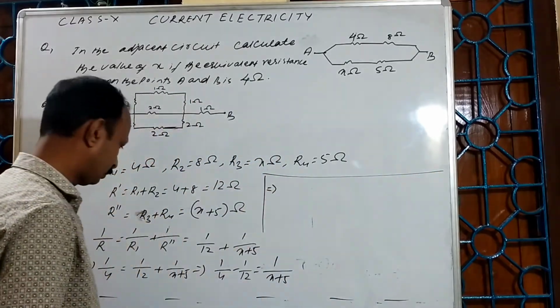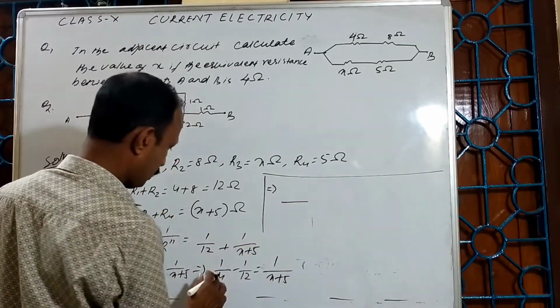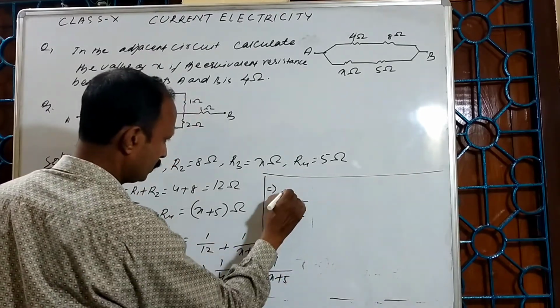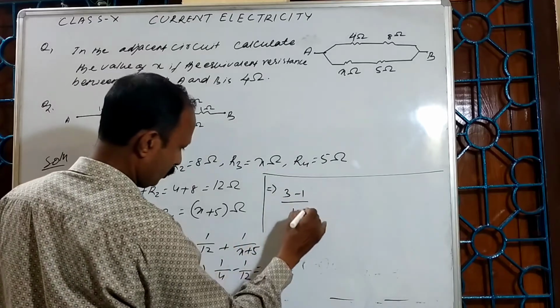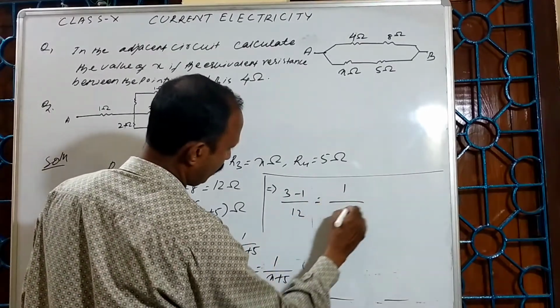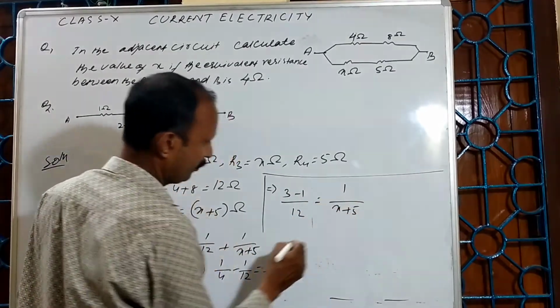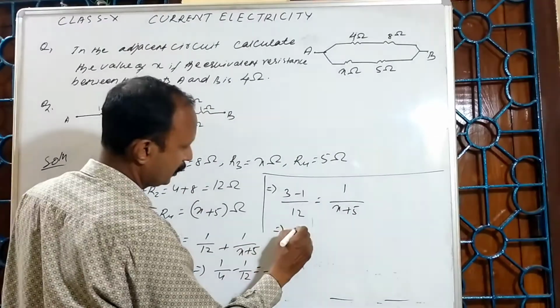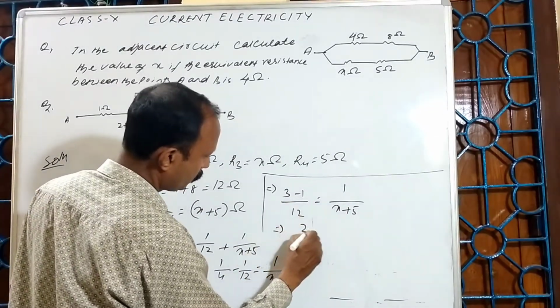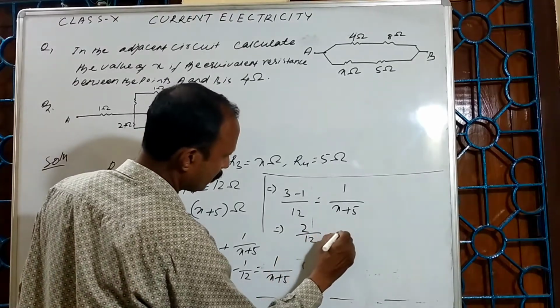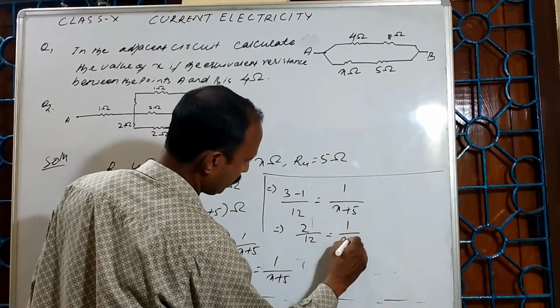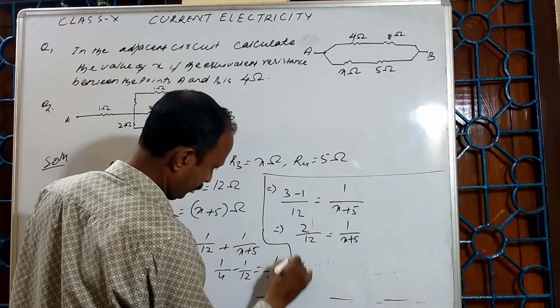Implies that 12 is the LCM. This is 3 minus 1 is equal to 1 by X plus 5. Implies that 2 upon 12 is equal to 1 upon X plus 5.